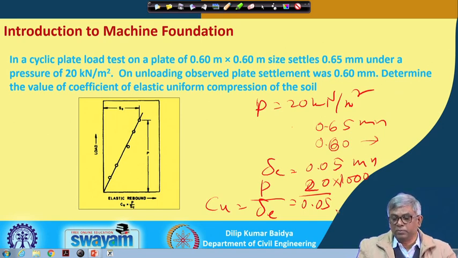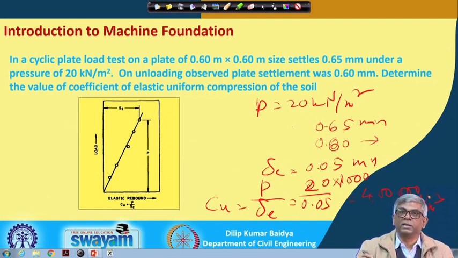So, this way it will be 20 divided by 0.05 multiplied by 1000. So, it gives you 40000 kilonewton per meter cube.